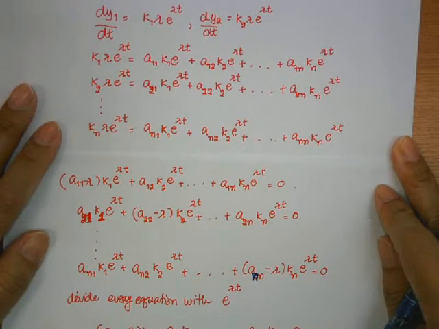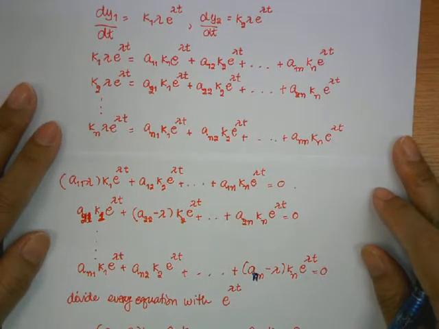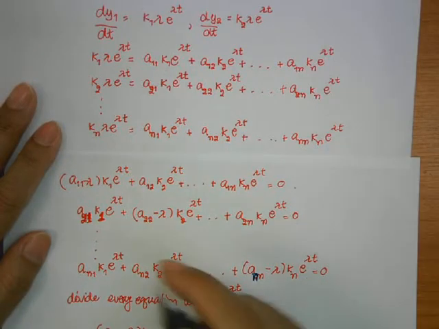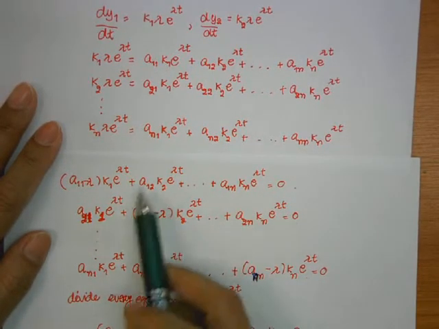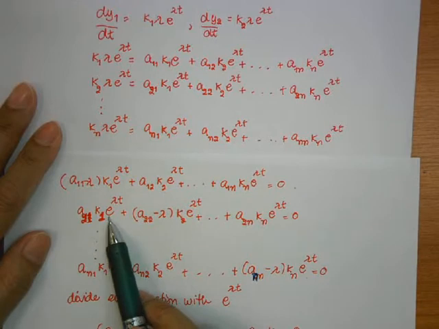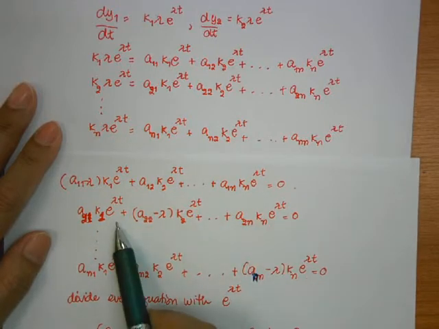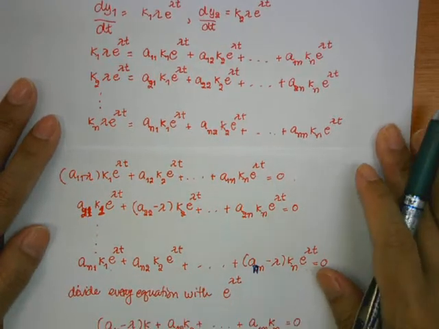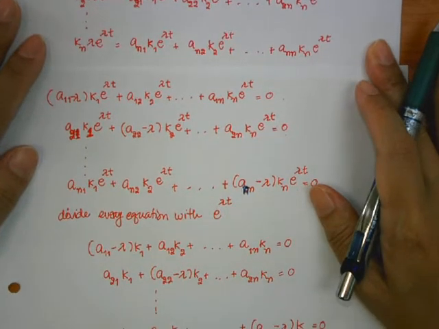Remember to divide every equation by exponential of lambda t. You see every term here has exponential of lambda t, and every equation has the same term, which is exponential of lambda t. So in that case, I'll divide every equation in here by exponential of lambda t, and I would get another set like this.